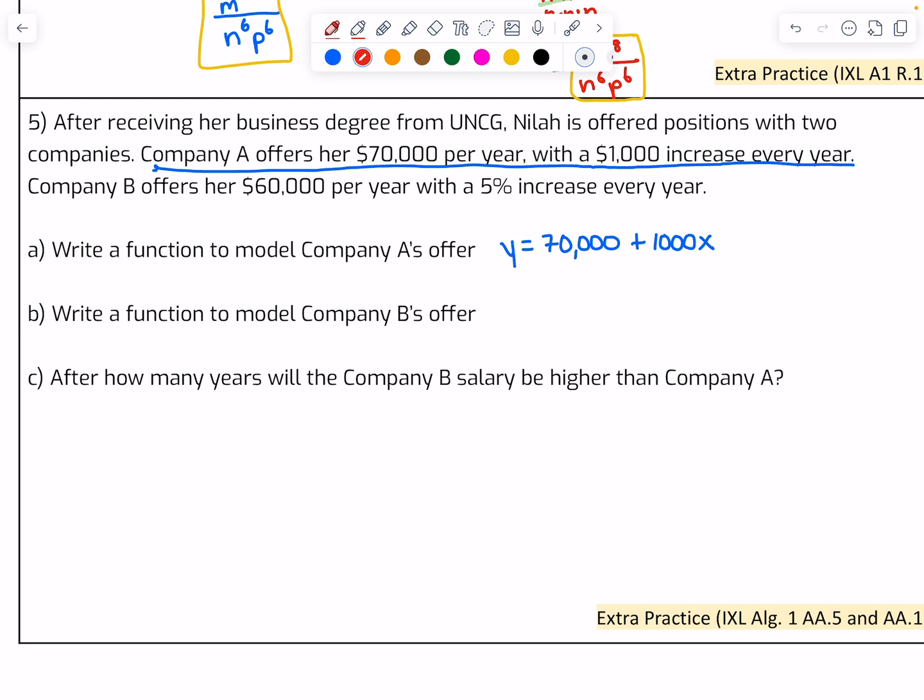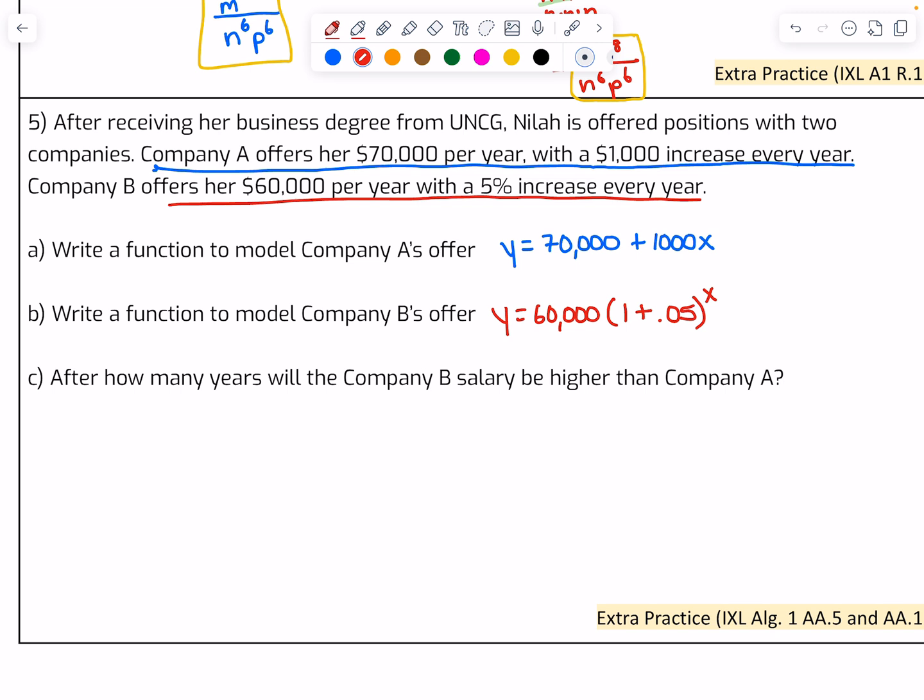Then Company B offers her 60,000 per year plus a 5% increase every year. So we could write y equals 60,000. But this one is exponential growth because it's a 5% increase. So we could say that's 1 plus 0.05 to the power of x, because it's going to go up 5% of her pay every year.